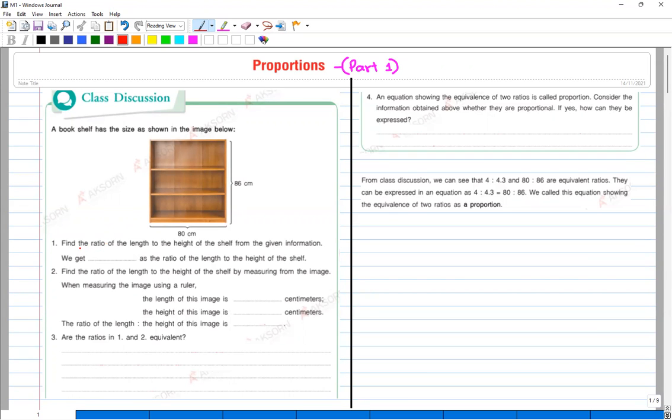Now, find the ratio of the length to the height of the shelf from the given information. From this information that we are having, we get the ratio of length to height as 80 to 86.